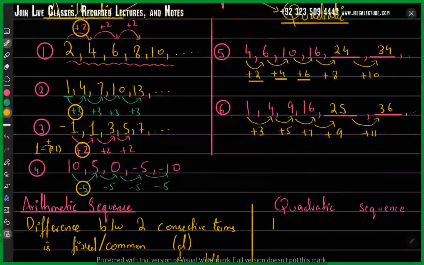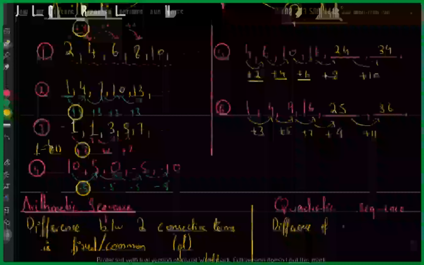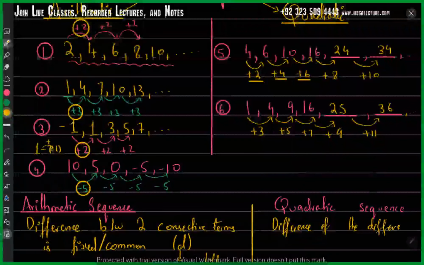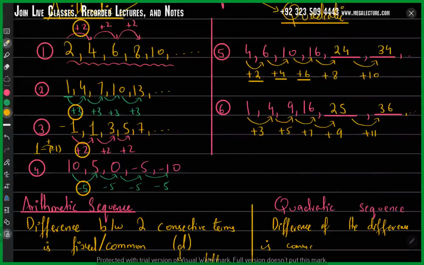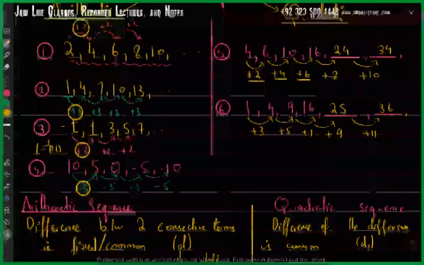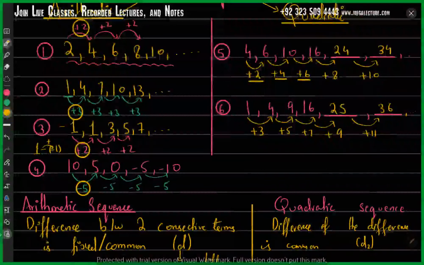Difference of the difference is common, and this is basically called D2. This is the second difference and this is the first difference. So let me explain this, okay? Difference of the difference. Look at this.